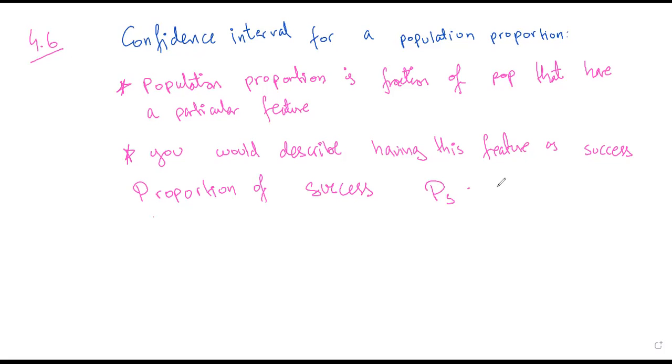PS is basically x by n. This x is the number of successes, and n is the total number. Okay, so I'll give you a quick example. Let me just take out the example.